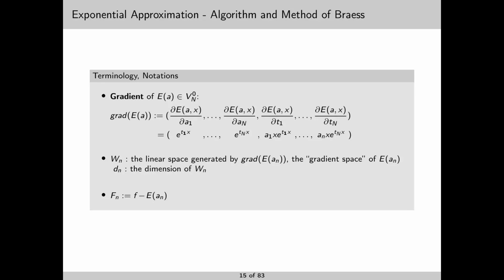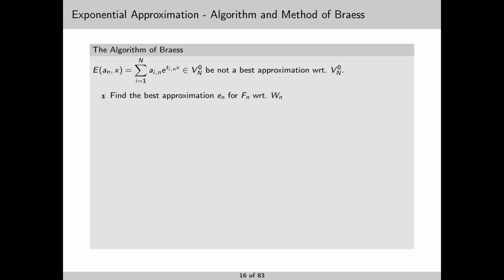With these definitions, this is how the algorithm of Braess calculates sequences of better approximations. Let the exponential sum e of a^n be the nth element of the sequence of better approximations calculated so far, which is not yet a best approximation. Step 1 finds the best approximation E_n for the error function capital F_n with respect to the gradient space W_n of this exponential sum.